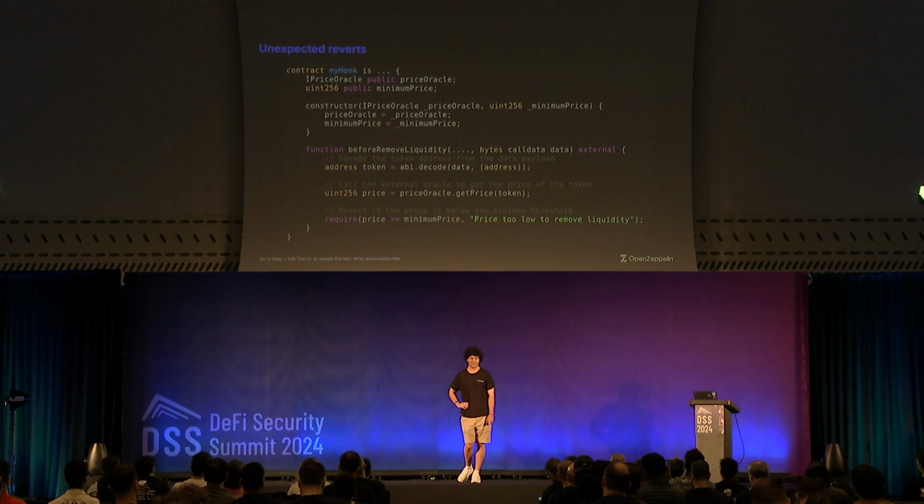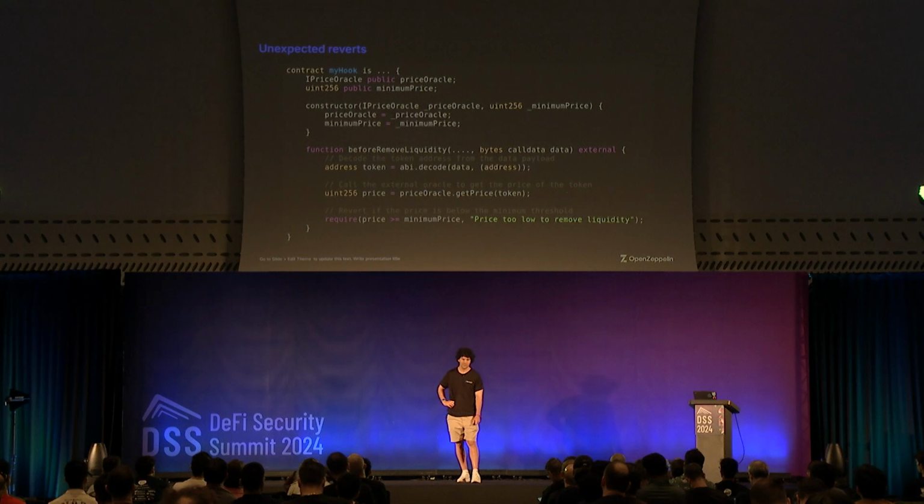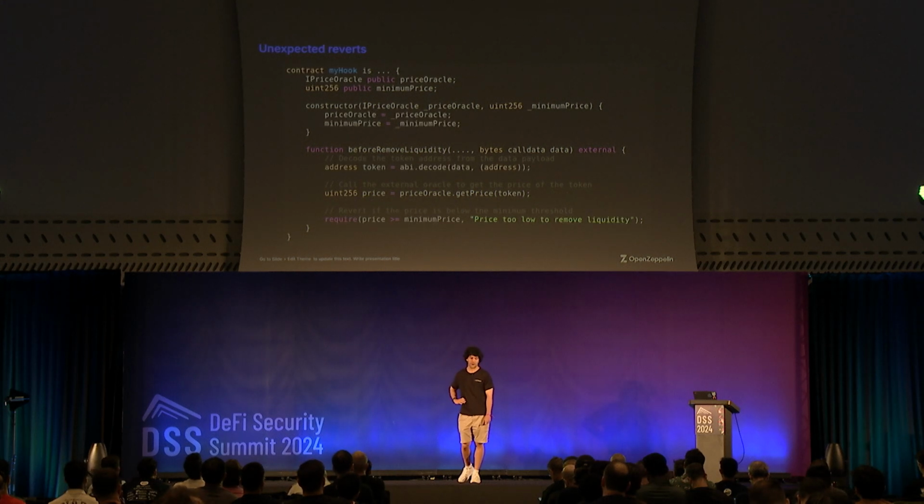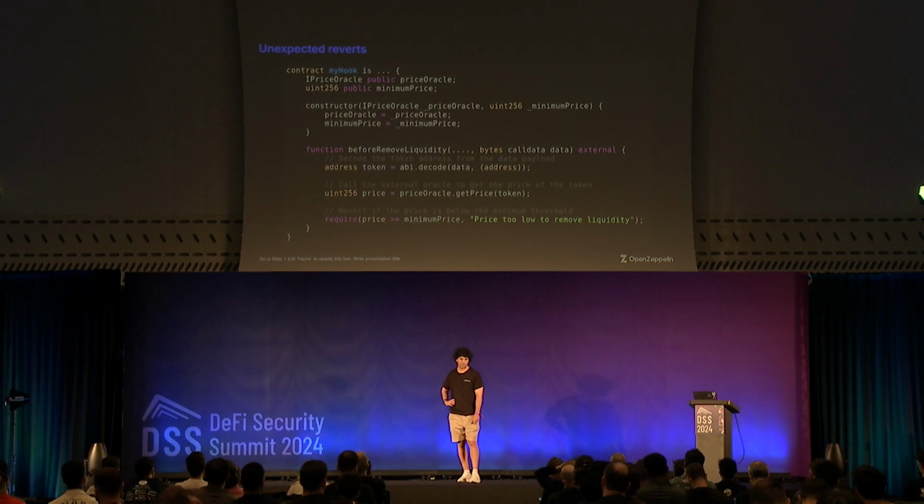And also, let's say that for some reason the price oracle is always higher than this specific price. What will happen is that this before remove liquidity function will always revert, which can be a problem because if we add liquidity and then we want to remove it, we are not going to be able to do it.